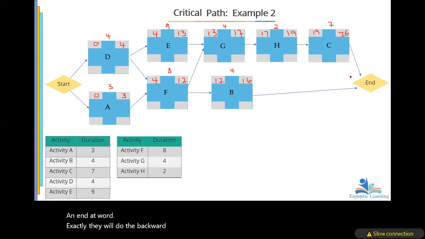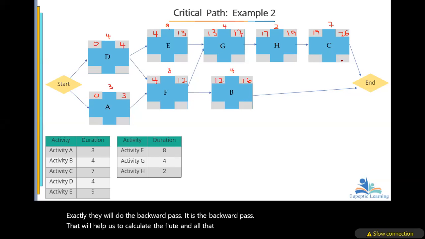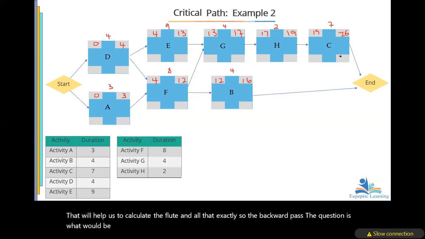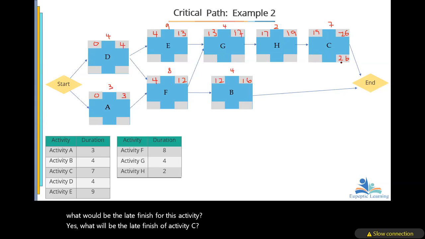So the backward pass, the question is, what will be the late finish of activity C? 26, exactly. Since we are moving backward, you're also going to deduct the 7 from the 26. What will you get?